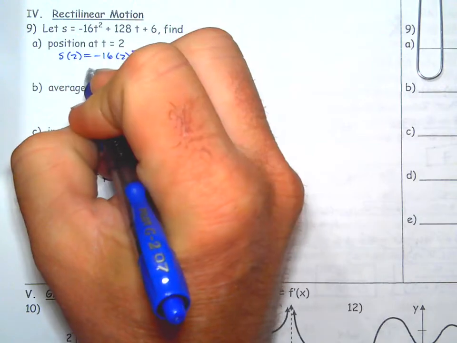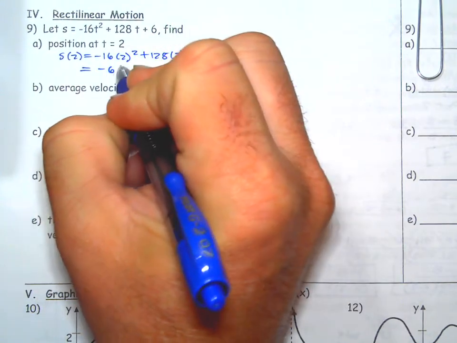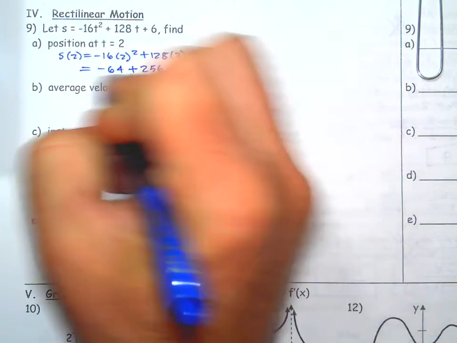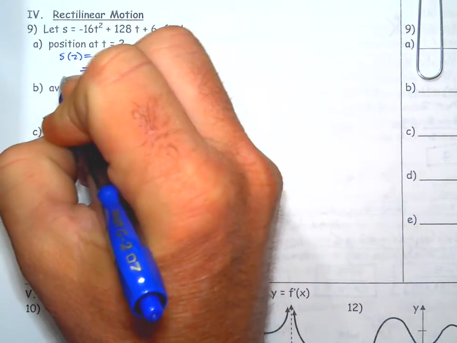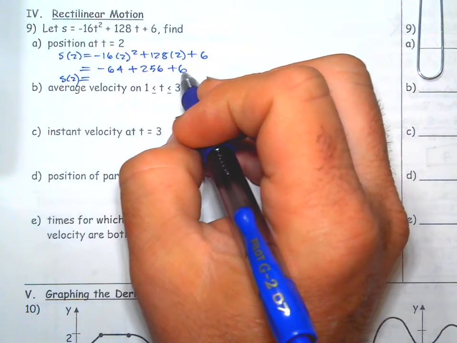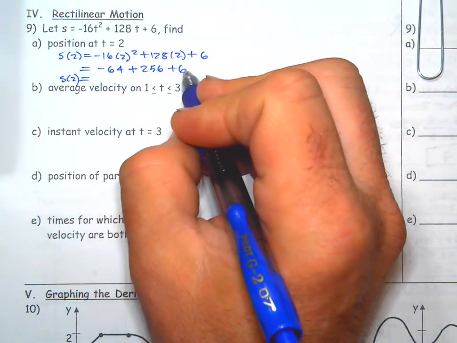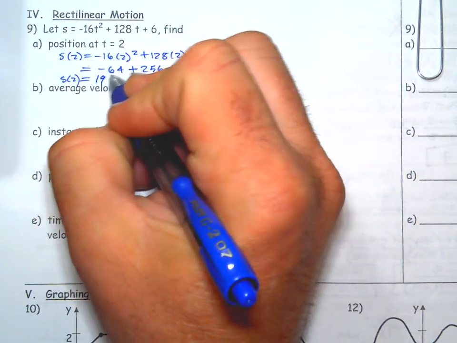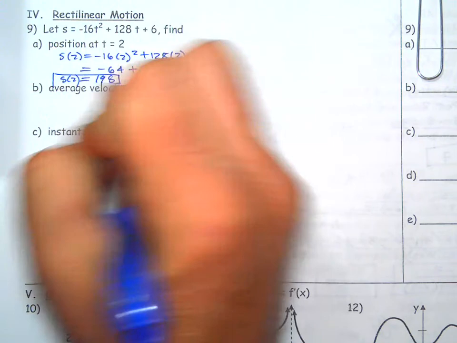So 4 times 16 is negative 64 plus 256 plus 6 equals, let's see, this would be 262. So 198.